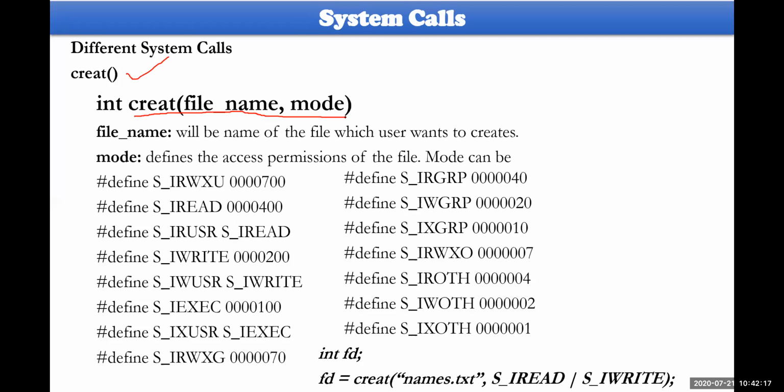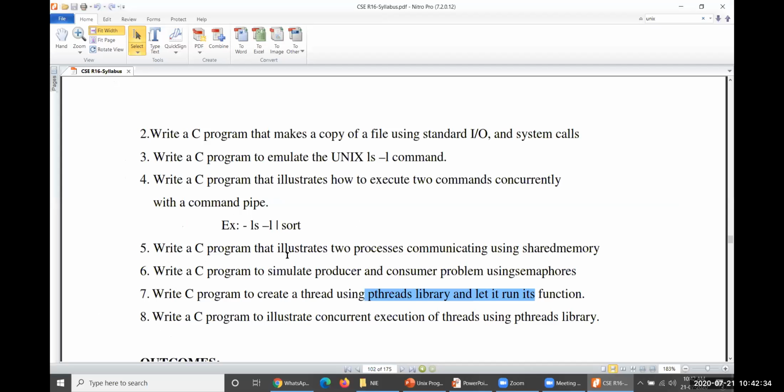Afterwards open: after creation, does open succeed or not? After open, will reading and writing succeed or not? Everything will be checked in a progressive manner. After completion of everything, we will write one particular program to copy. The second program here is to write a C program that may copy a file using standard IO system calls. Fully, we have to implement this one.